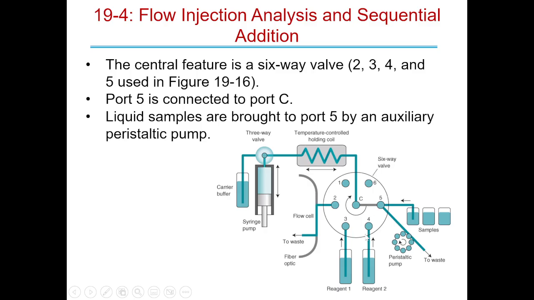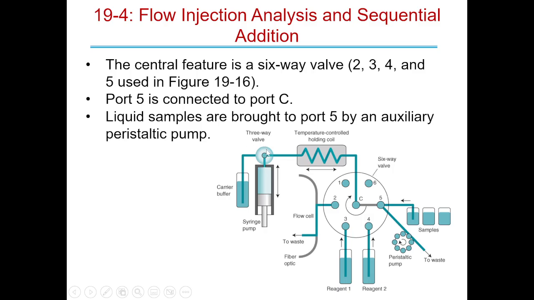Notice here's your reagents, ports 3 and 4. This is a 6-way valve. Port 6 is not actually being used though, okay? And L1 is not being used either. So you have 2 of them that aren't being used right now. This has your carrier buffer.